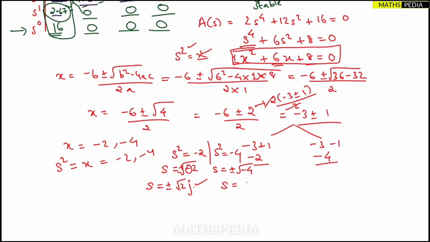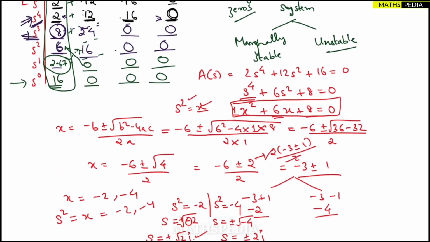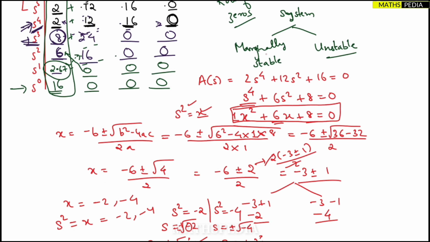This will become plus or minus 2j, correct. Square root of 4 is 2 and square root of minus 1 is j. So these are the s values. Now I should basically get what? 4 roots, because in our question you can see we are basically finding out the roots for this one, 2s power 4. So I should get 4 roots.